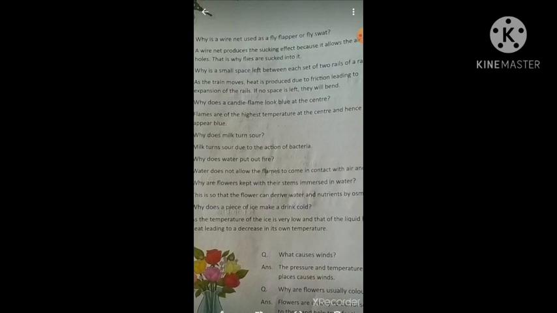Do you know what is osmosis? The bottom part, you can see the water, and the top part of the stem and flower, there is no water.